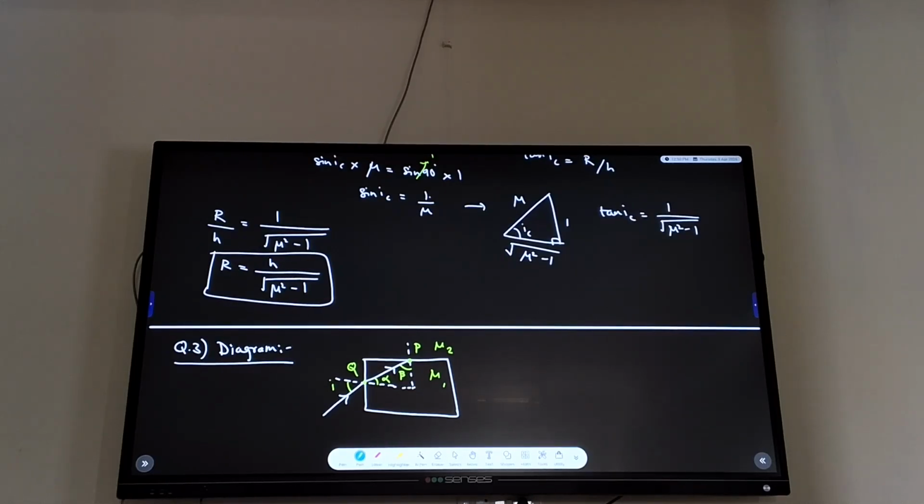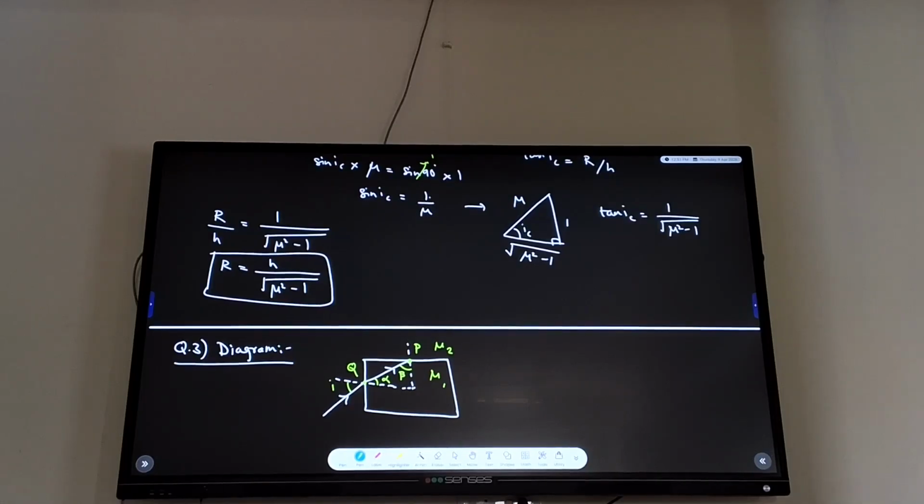Sin I is equal to that. So I is equal to sin inverse of the whole thing. They are asking for I. And what is the answer? Yes, keep on writing, don't worry.